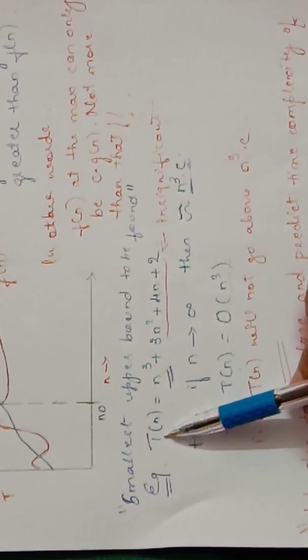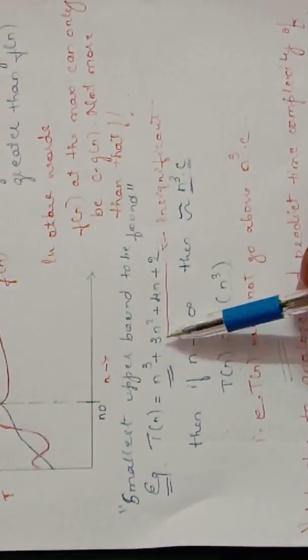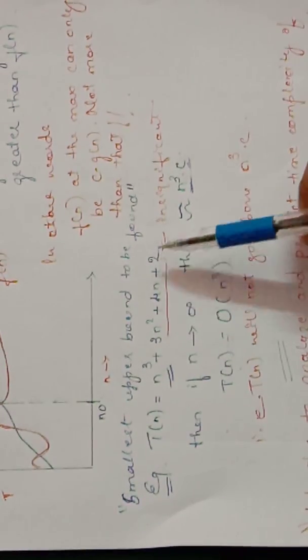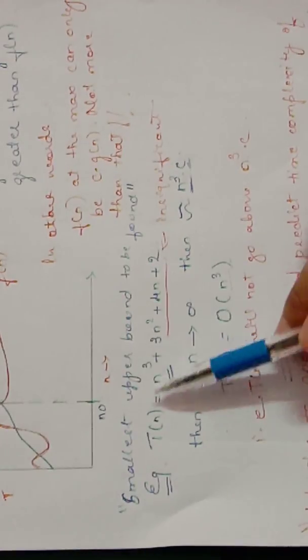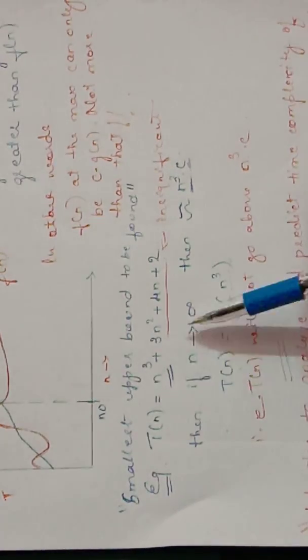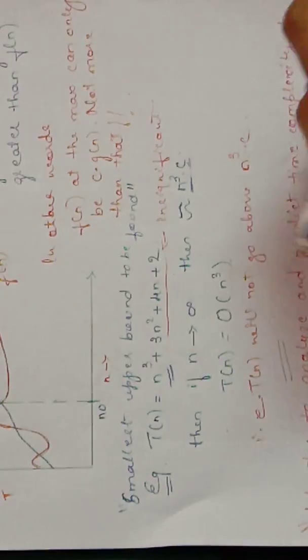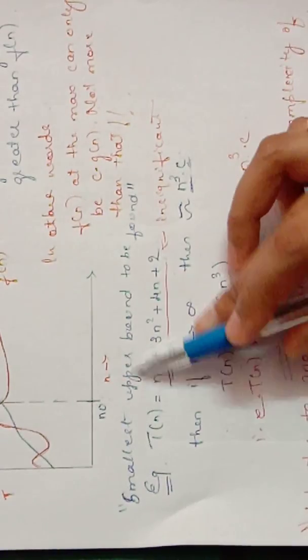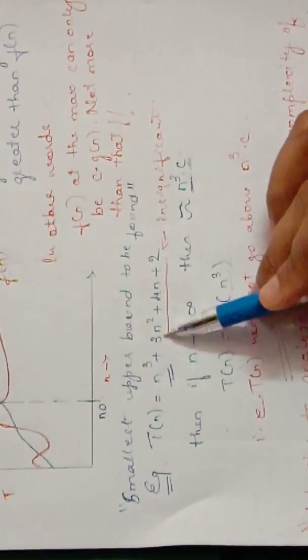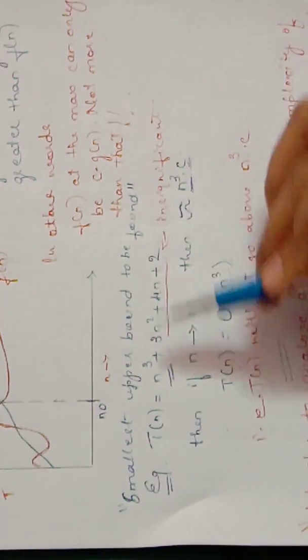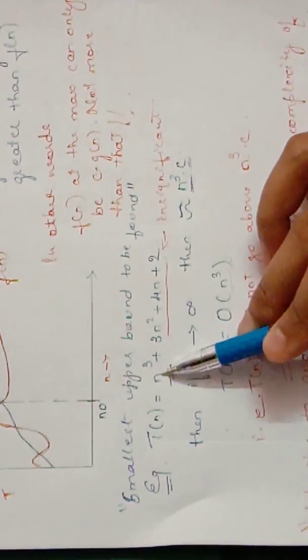I'll take a function t of n, which is n cube plus 3n square plus 4n plus 2. Now when our n increases infinitely, that is, when the n value goes higher and higher, this value becomes insignificant compared to the value of n cube.